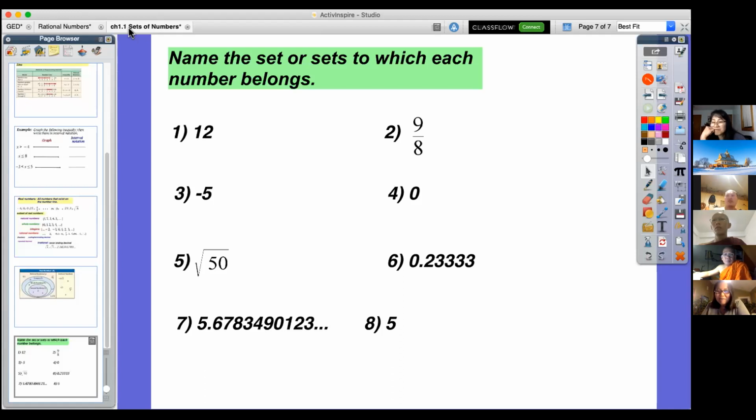Okay, one more. How about 33? Is it a prime number? No, it's not.